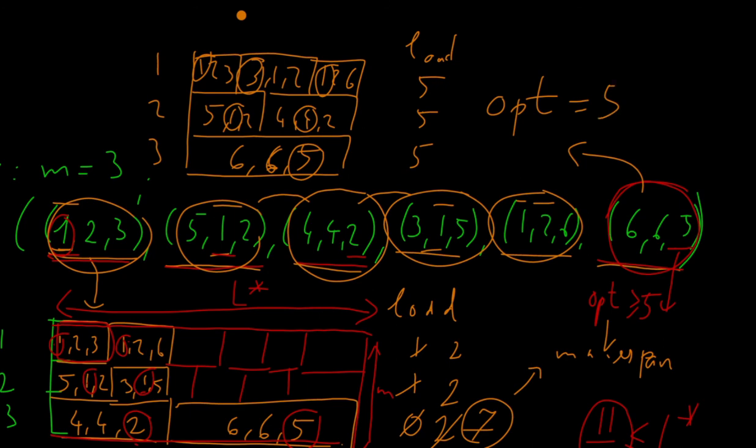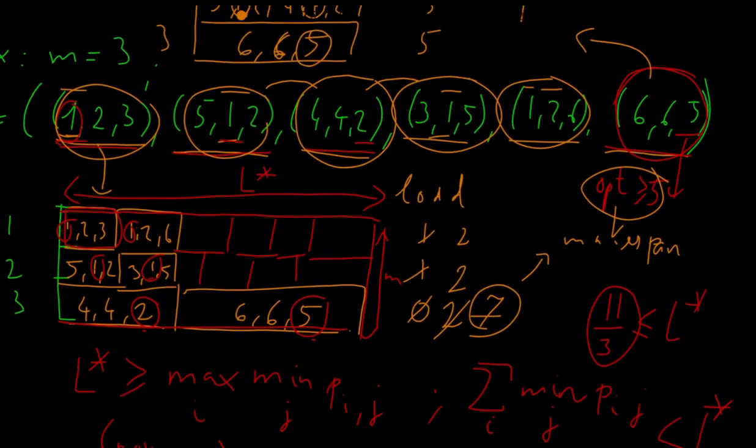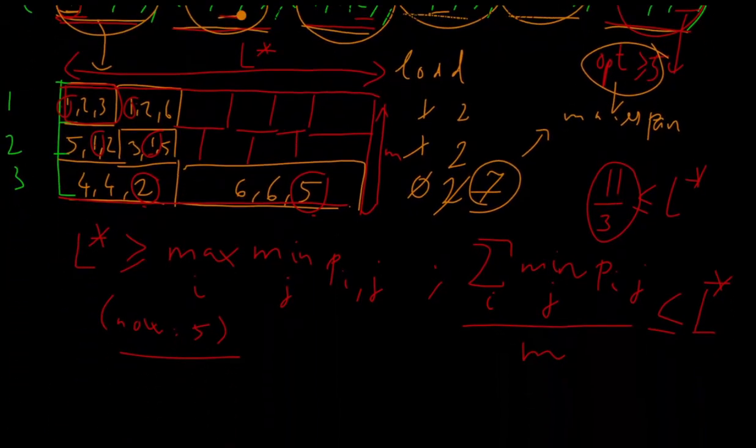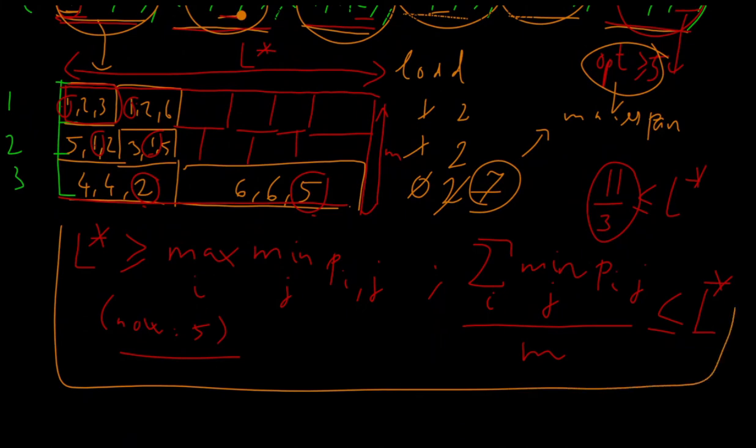The optimum is 5 because we already know that the optimum is at least 5, and we also have a solution reaching that bound.